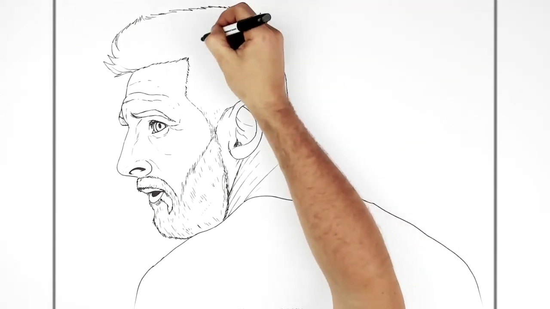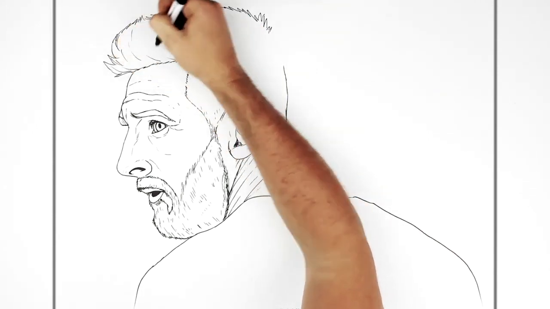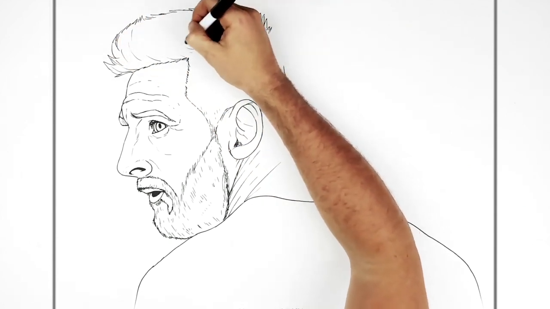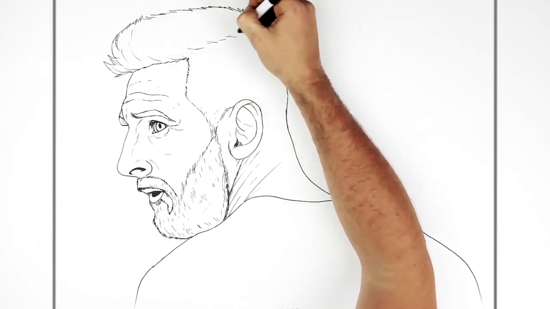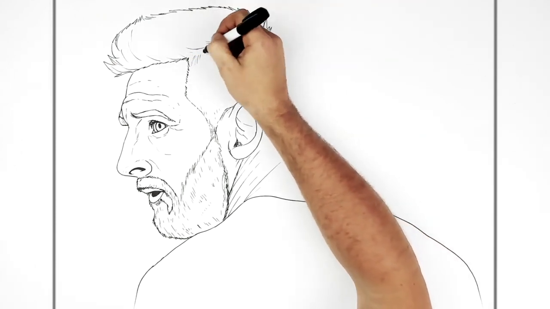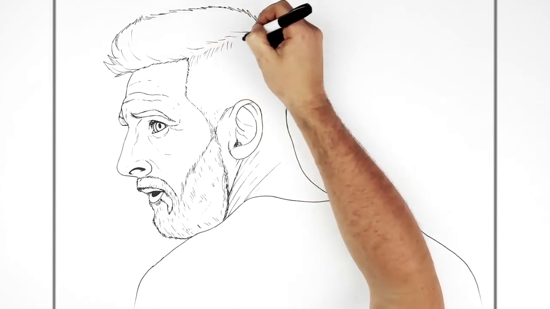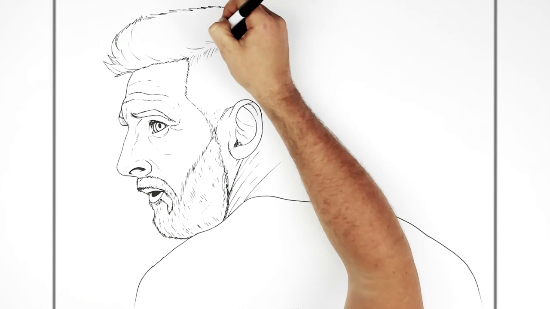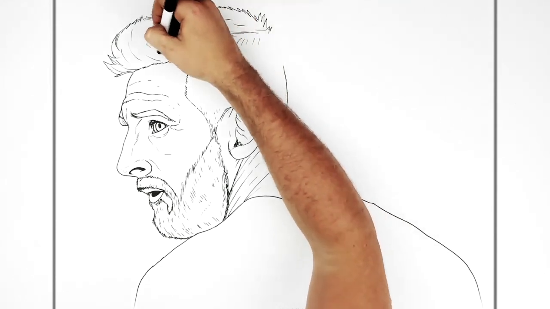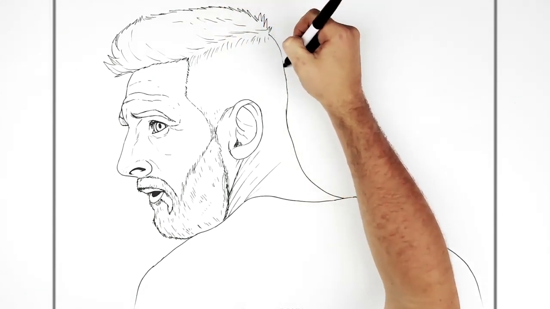Right, and he does have this sort of part in his hair here, right? So this all goes around long lines. And then this hair just goes this way from the part in his head. And then this hair goes this way, and it's kind of shorter on the sides. And that's just the back of his head there.